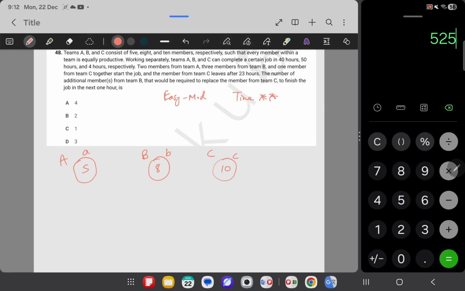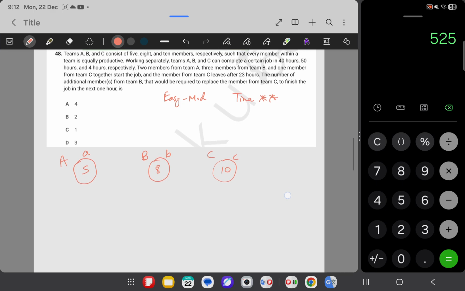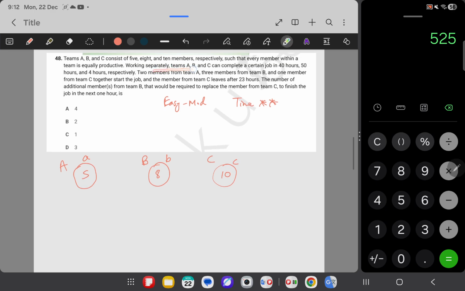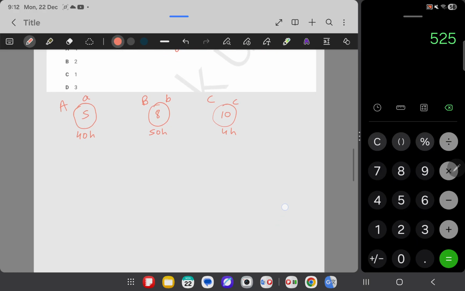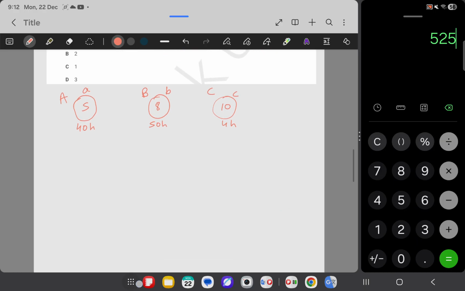They are equally productive. Working separately, teams A, B, C can complete a certain job in 40 hours, 50 hours and 4 hours respectively. Okay, so in total it takes 40 hours, in total it takes 50 hours, in total it takes 4 hours. So see, how I will write this data is 5 members each having a capacity of A working for 40 hours equals total work done.